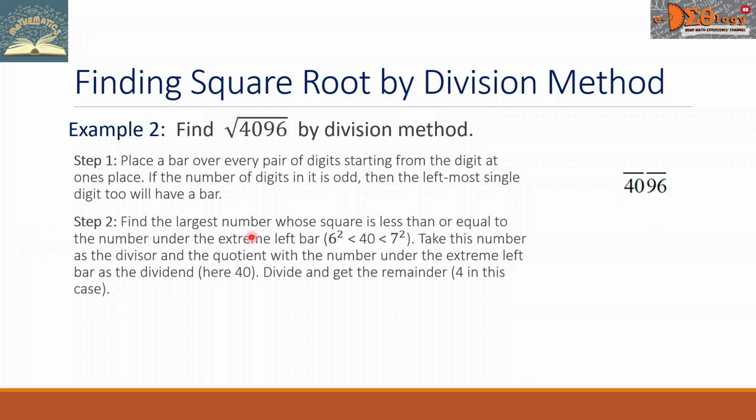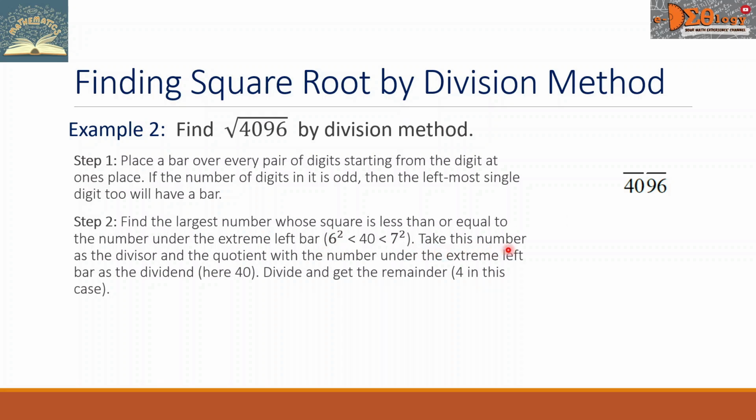We find the largest number whose square is less than or equal to the number under the extreme left bar. In this case, we have 40. Notice that 40 is between 6 square and 7 square. But in this case, we will use the number 6.